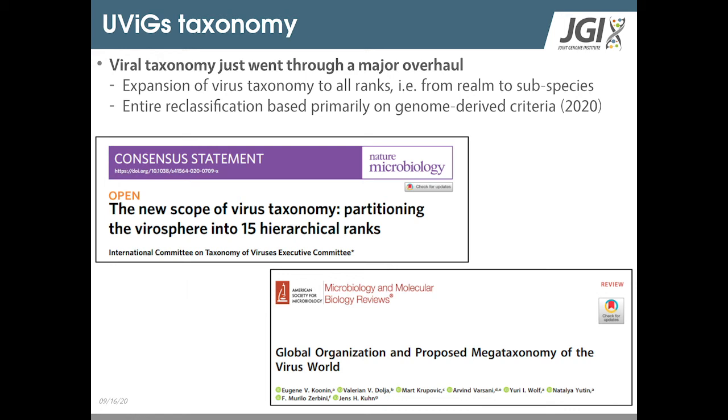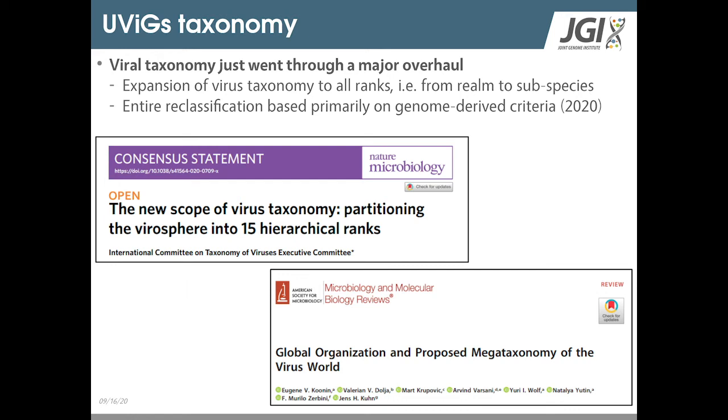So we are now matching the cellular taxonomy, meaning we include realm, phylum, class, etc., which didn't exist before in virus taxonomy. And then in parallel to this, a consortium led by Eugene Koonin of NCBI proposed a complete reorganization of all the virus taxonomy, which is now mostly based on genome-based features.